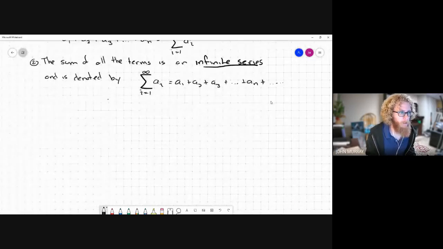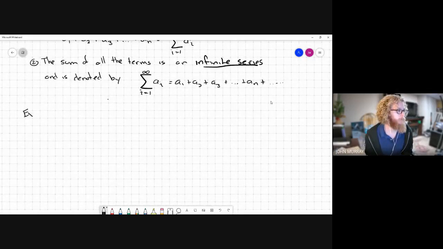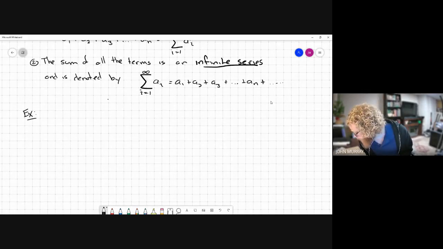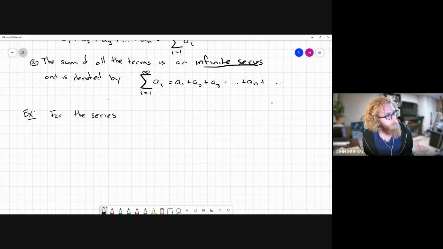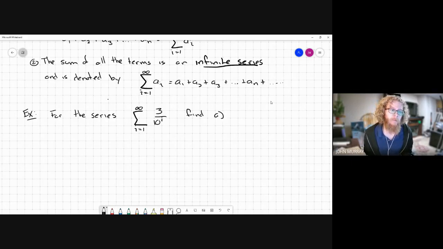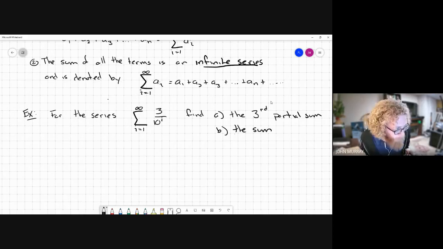All right. Let's look at some examples. Okay, so we'll do both for this, for the partial sum and the infinite sum.